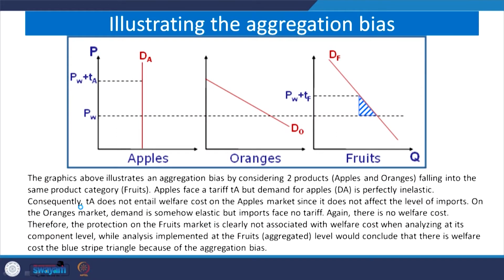Now, let us check how things are explained within a partial equilibrium setup, and how that leads to some kind of aggregation bias. Aggregation, if we are just forcing ourselves to make an aggregate, results in aggregation bias, as seen through the demand and supply diagram. Let us take, for example, an apple market and an orange market.